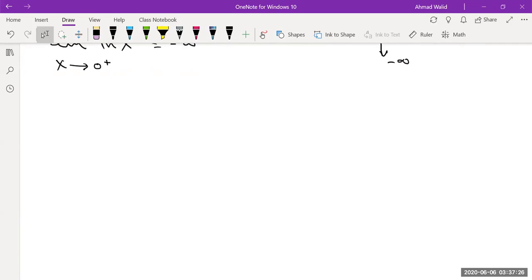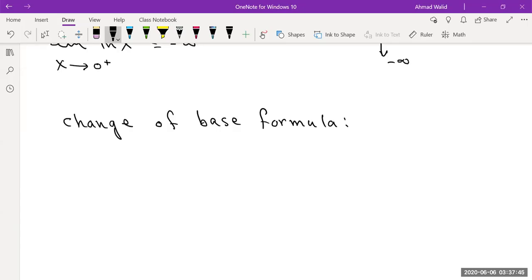The last thing that I want to discuss in this lecture is the change of base formula. Sometimes you are dealing with the log of a number that even your calculator cannot calculate for you.